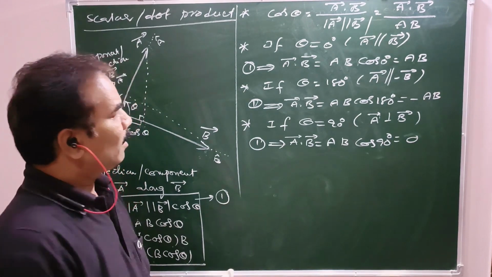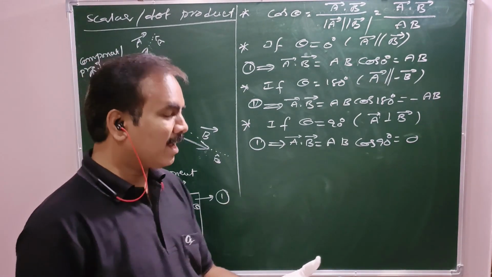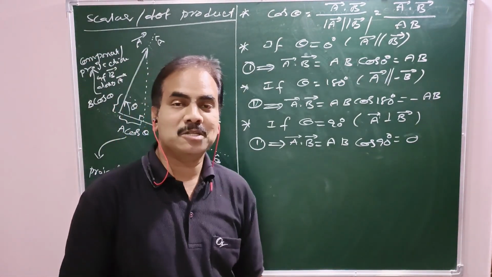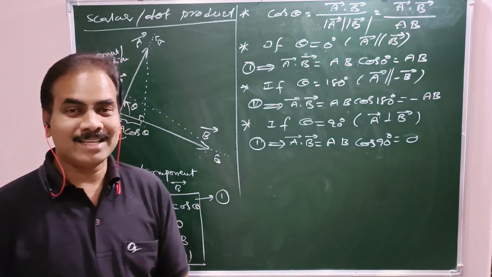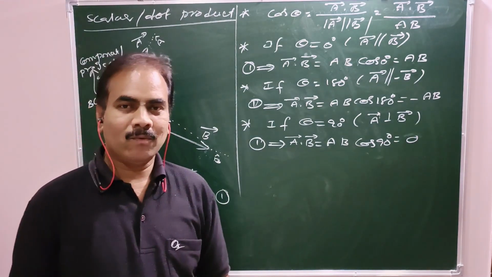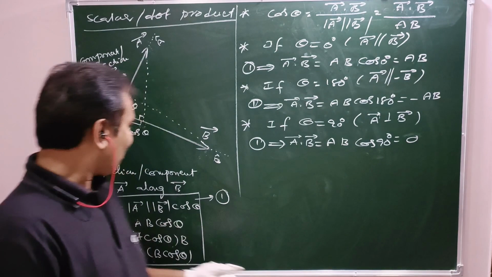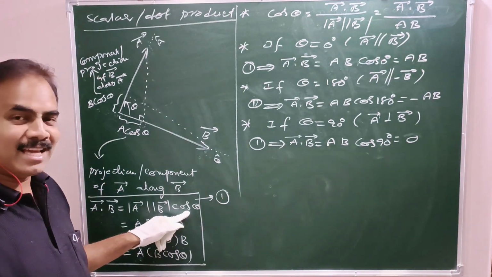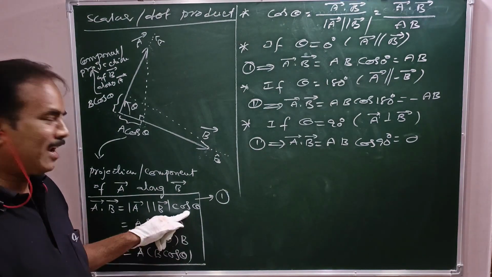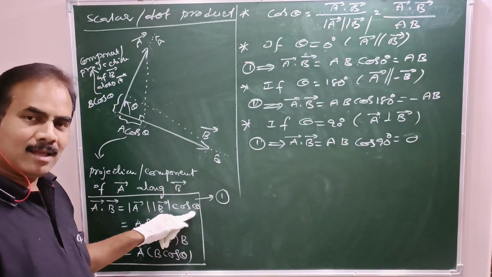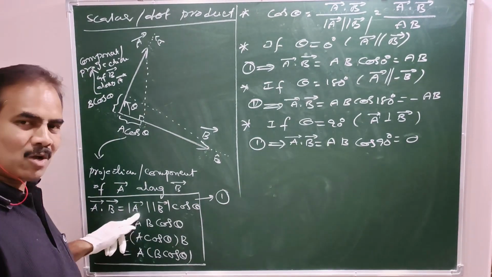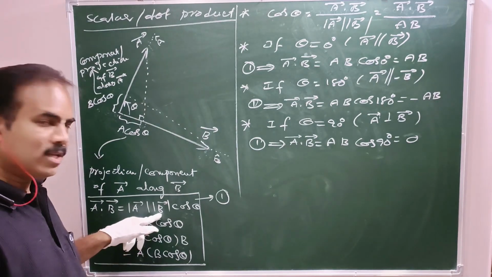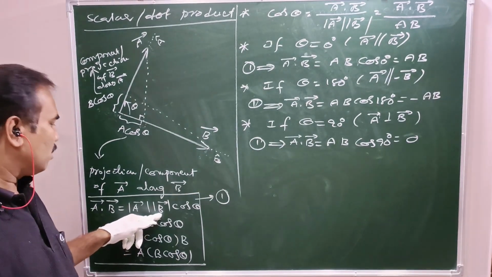What are the values of the cosine function for acute angles, that is theta less than 90? We can have positive values. Cos theta becomes positive for an acute angle. If theta is 0 to less than 90, definitely cos theta is positive. Here mod a bar means positive magnitude, mod b bar means once again positive magnitude.